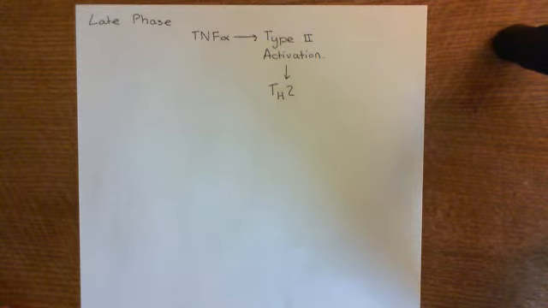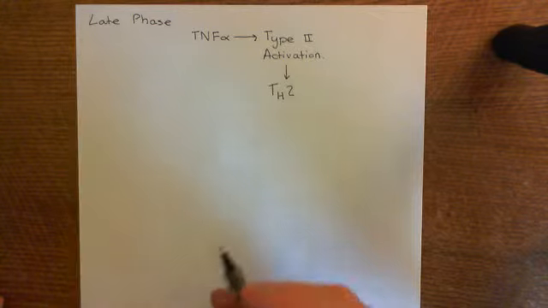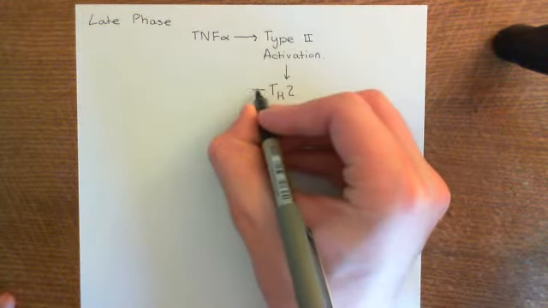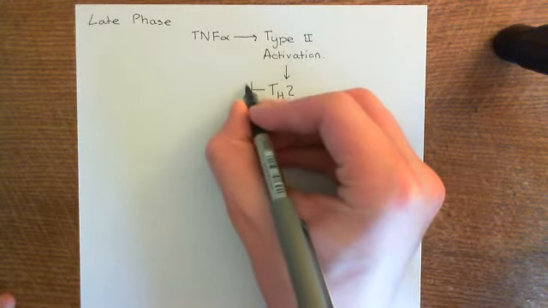So we don't know where these T helper 2 cells come from, and we don't really know whether they are actually armed against the allergen that has caused the asthmatic attack, or whether they're just T helper 2 cells that were floating around in the blood that happen to get recruited by these endothelial cells. Anyway, they come into the lamina propria and they start causing havoc.